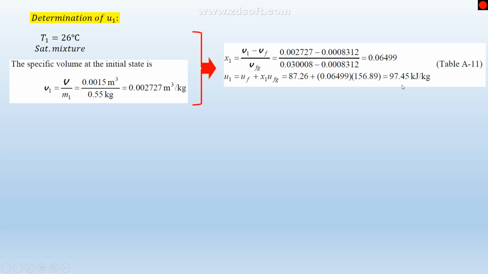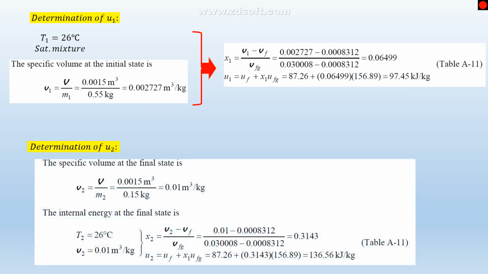And then you can find the u1. This is the u1. Now, you need to find the u2. How can you find the u2? To find the u2, you can repeat this procedure. You have the volume. The volume is constant.